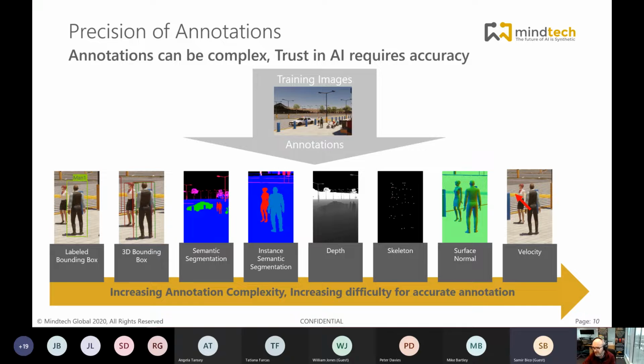So potentially, in the first examples that I gave for a self-driving vehicle, you want your semantic segmentation to be very accurate. For counting people going into a supermarket, it may be less of a requirement.